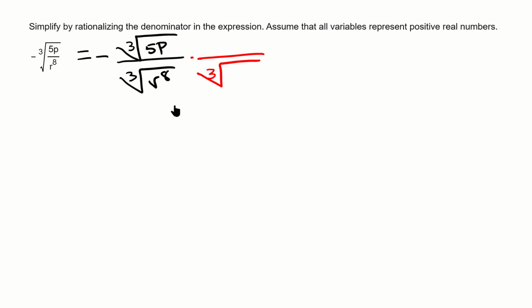Of course, you don't have to use the smallest expression. It's just that the smallest expression will be the most efficient way to go. Otherwise, any expression in this radicand position, which would turn r to the 8 into a perfect cube, would work. But why would we want to go with more than we need, correct? So there's a difference between efficiency and necessity.